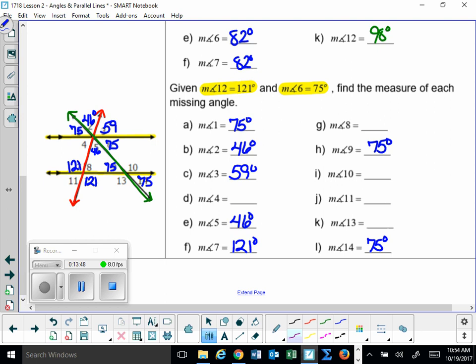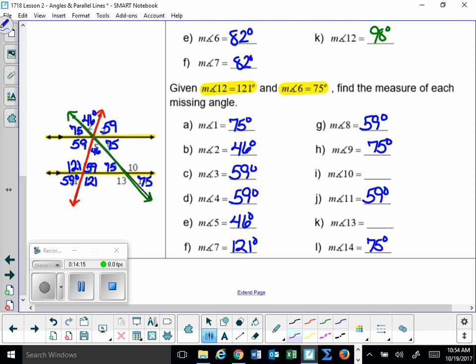And vertical to angle 3 is angle 4, 59 degrees. Let's see, 121 degrees plus angle 8 has to equal 180. That makes this one 59. Angle 8 is 59. Angle 11 is vertical, so that will be 59 degrees.